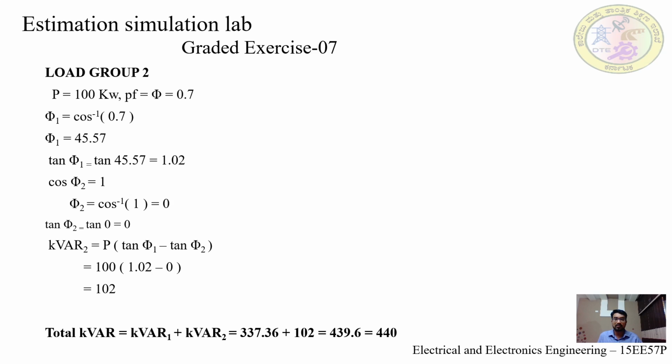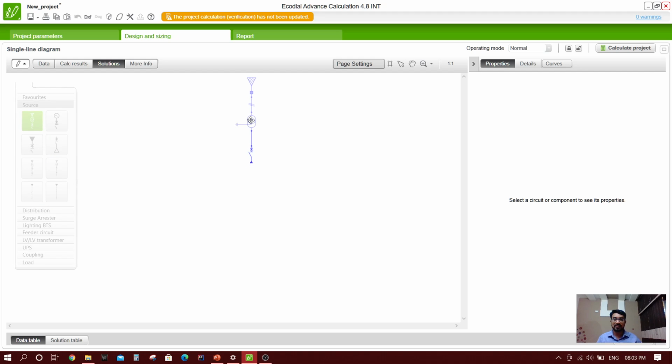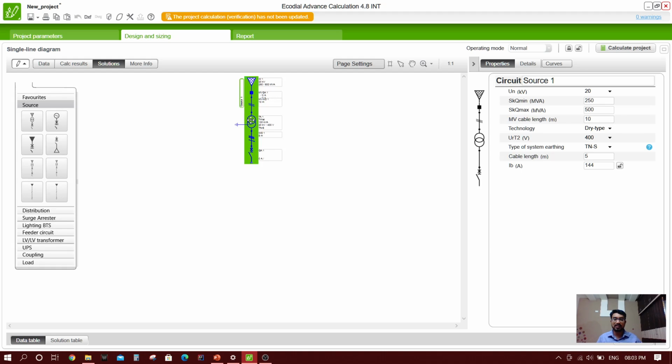Now let us see how to carry out the exercise in the EcoDial software. Once you have opened the EcoDial software, let us start drawing the single line diagram, starting with the source. Since this is an industrial application, we need a high voltage source. For that I am going to select MV source, click on it, drag and drop it on the work area like this.